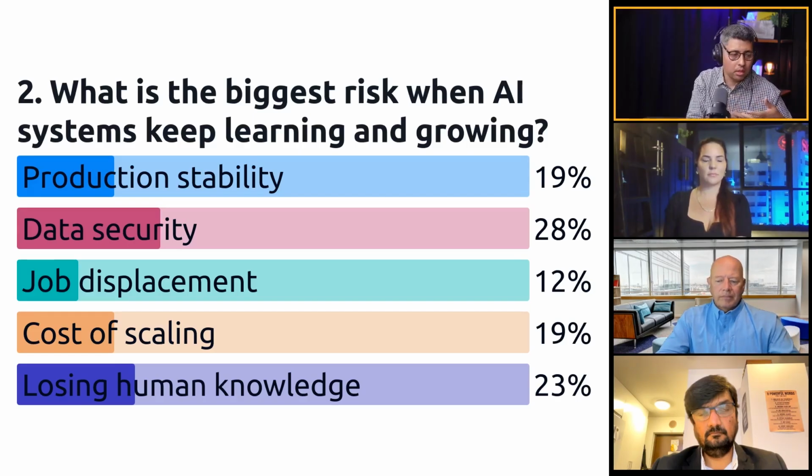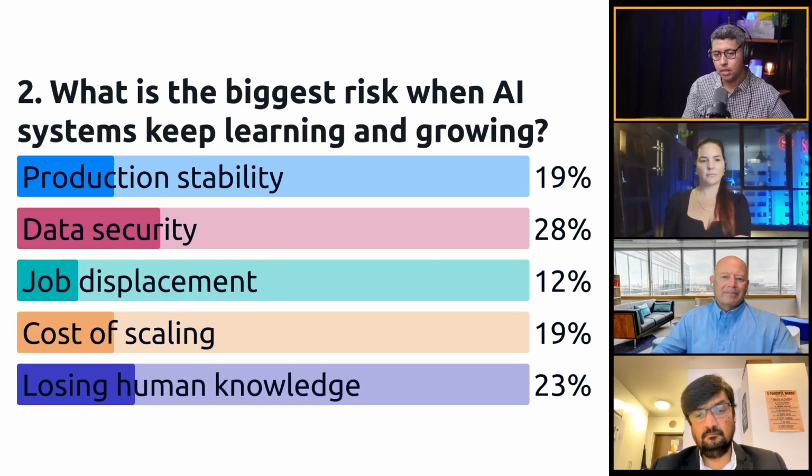Data security is critical as well, because as AI grows, sensitive information becomes more exposed. Job displacement is also part of this debate. It's controversial sometimes, but in my view, as I mentioned, AI should be used to empower people, not replace them.